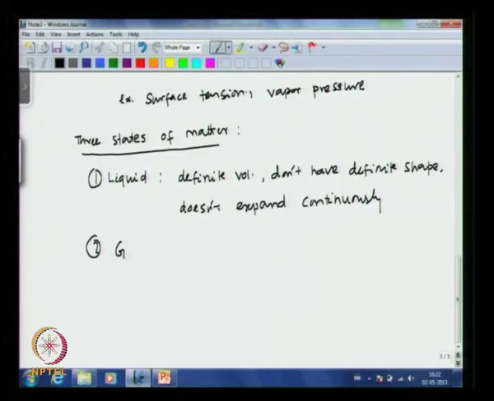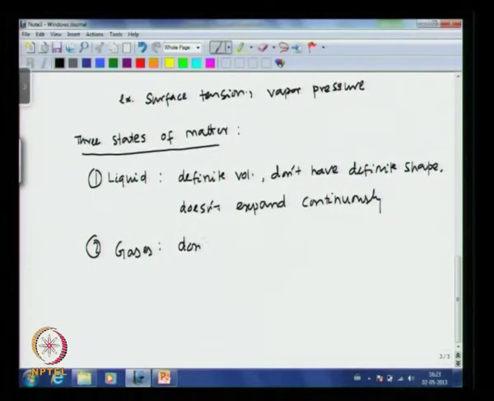Next we talk about gases. The gases do not have definite volume or shape, and they expand continuously.